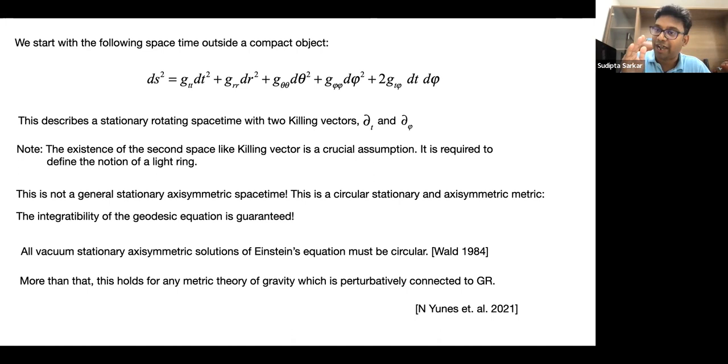Basically, if the violation from Einstein's equation is order alpha, let's say some parameter alpha, then the violation of circularity at that order will be alpha squared. This is what is proven by Yunes. Therefore, as long as you believe that there is a metric theory of gravity, you can safely take stationary axisymmetric solutions to be circular. That's the point.